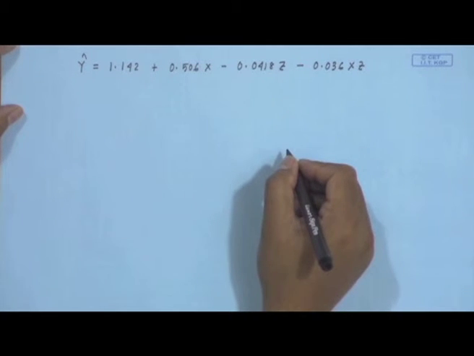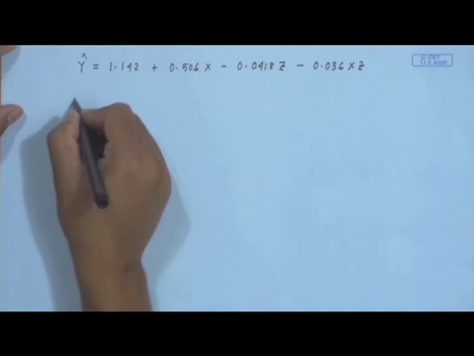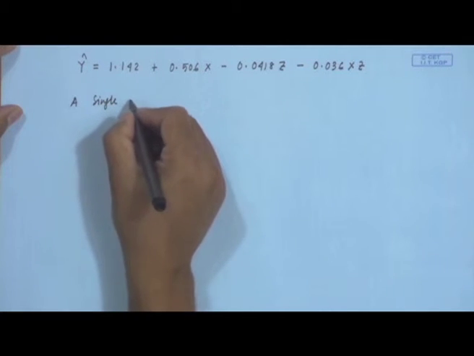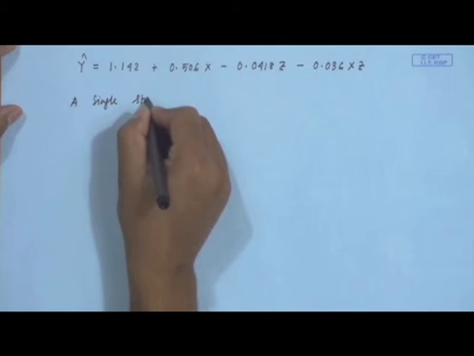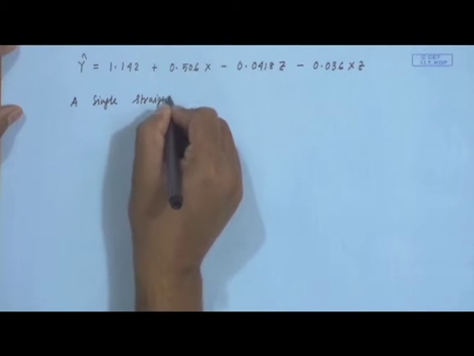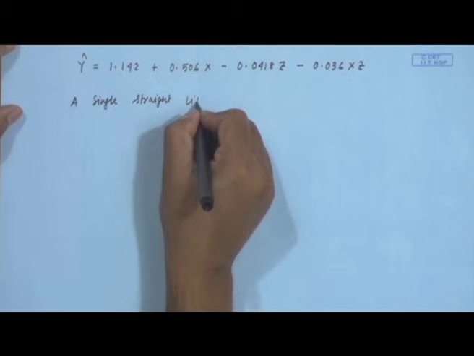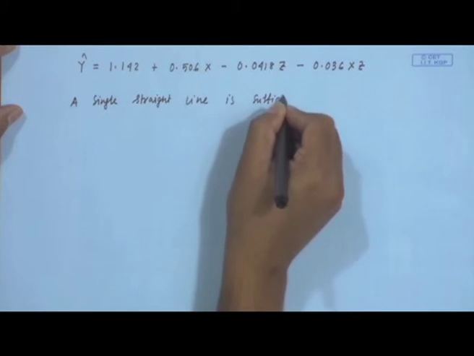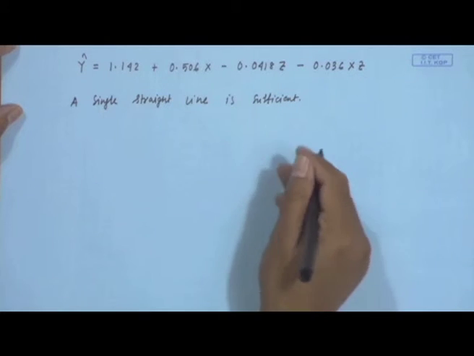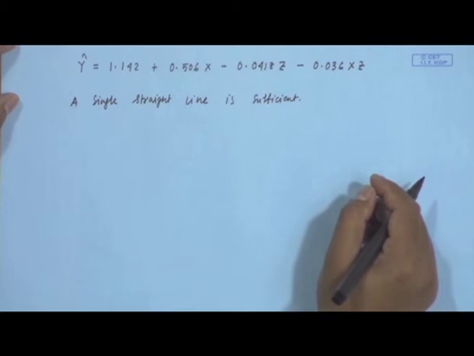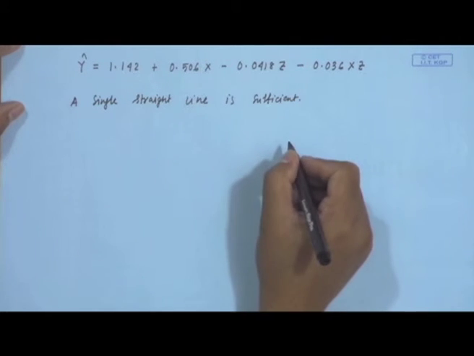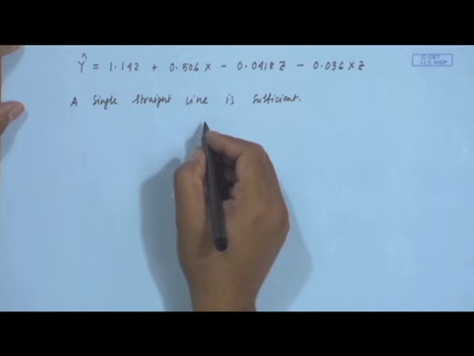Now, the question is whether a single straight line is sufficient. If there is not much difference in the response level, we can go for a single straight line fit, but we need to see that.